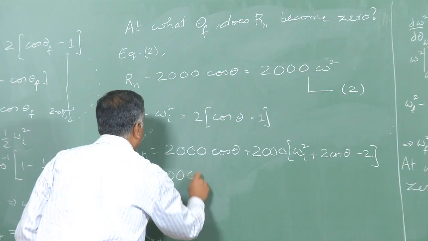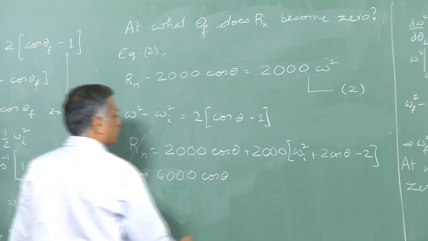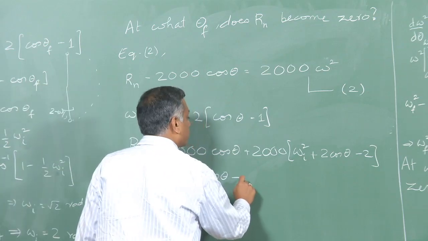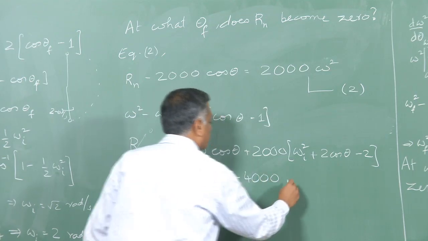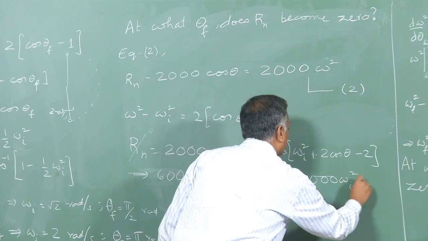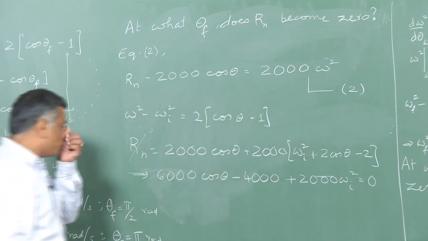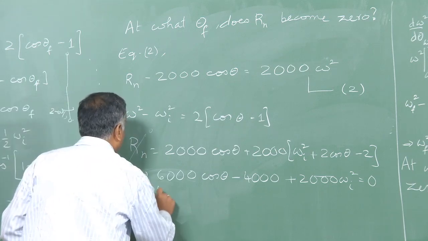So this gives me 6000 cosine theta minus 4000 plus 2000 omega I squared equal to 0. I will just divide by 2000.